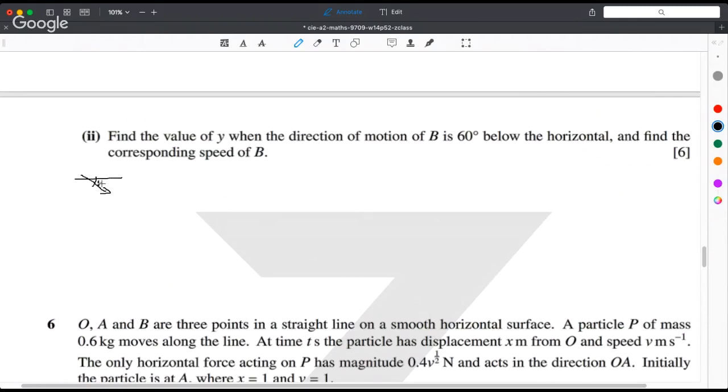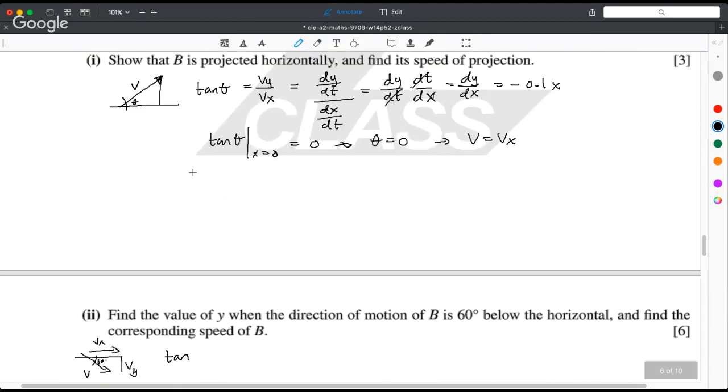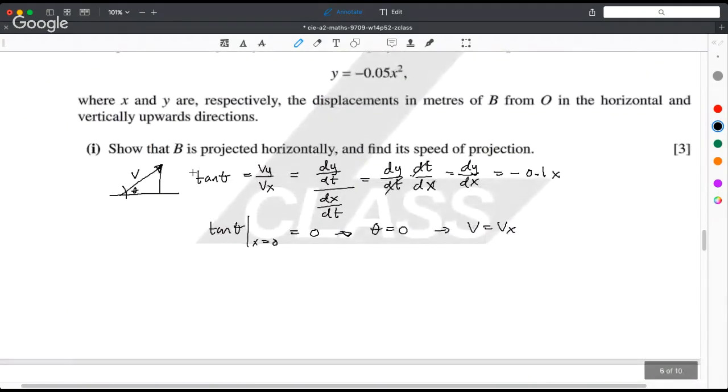So when that's 60 degrees, and this is v at some later time, and so this is going to be vy, and this is vx. So we use again the tan thing. Oh wait, sorry, I forgot a piece. So you showed that it's projected horizontally, and they also want us to find its speed of projection.